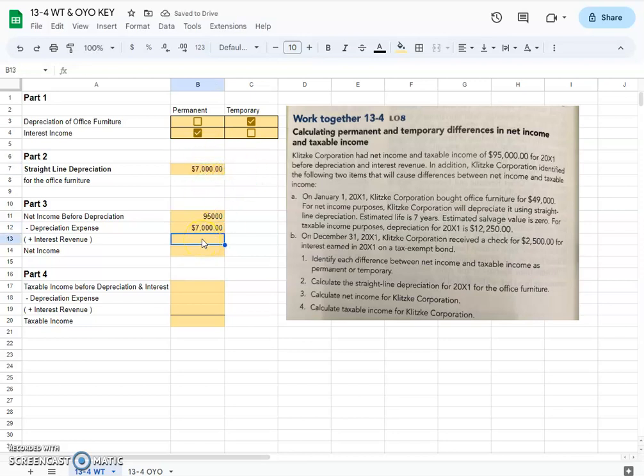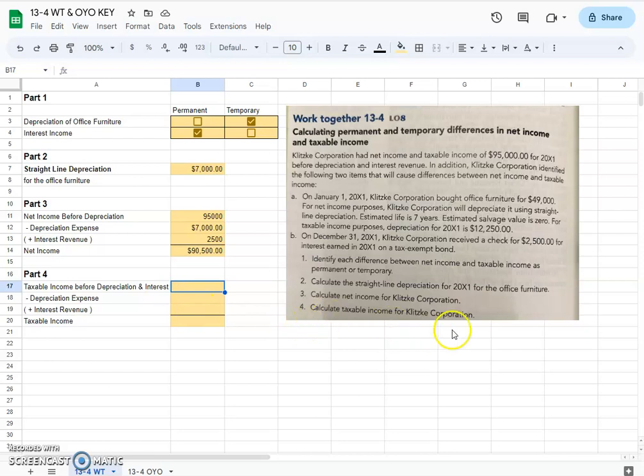Then we're going to add our interest revenue that we earned, because we received $2,500. So minus the depreciation plus the interest gets us our net income of $90,500.